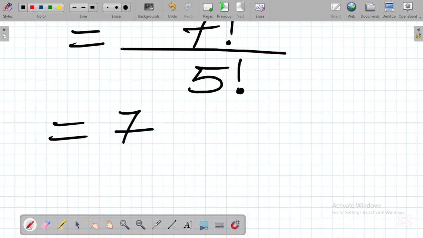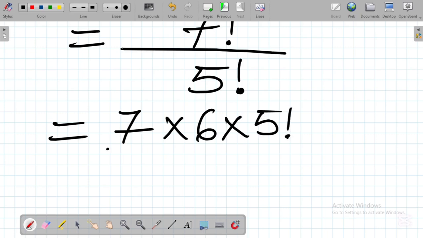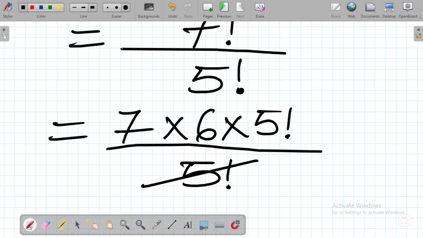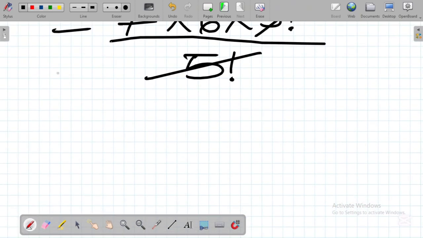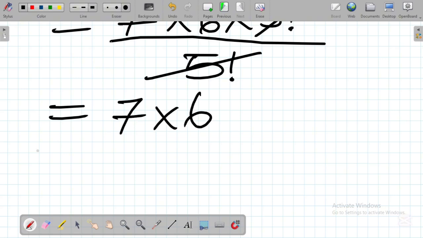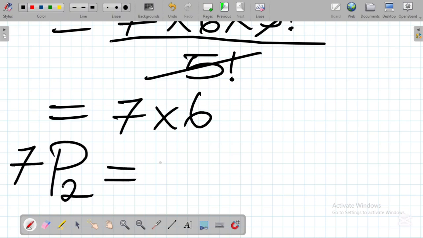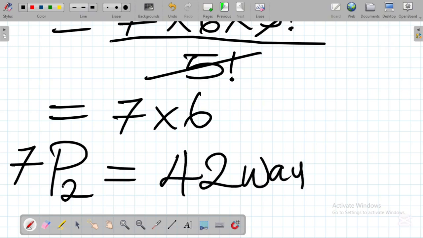So we have 7 multiplied by 6 and then multiplied by 5 factorial all over 5 factorial. So 5 factorial cancels out 5 factorial. So we are left with 7 multiplied by 6. So therefore, 7 permutation 2 is equal to 42 ways. So this is our final answer.